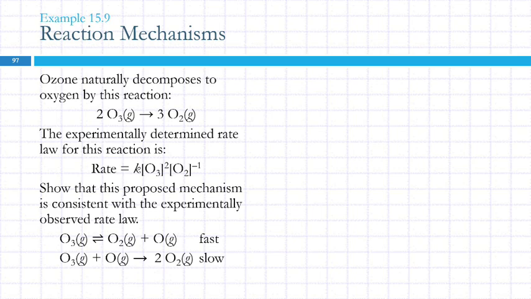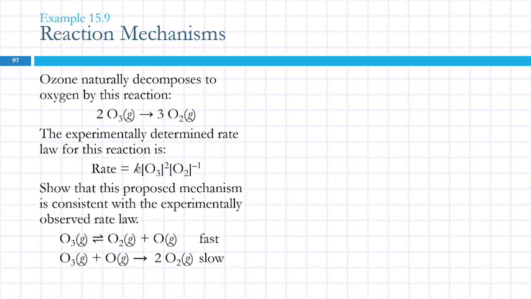Here's another mechanism problem. Ozone naturally decomposes to oxygen by this reaction: 2O3 make 3O2. And we're given the experimentally determined rate law. We're asked to show that this proposed mechanism is consistent with that rate law.